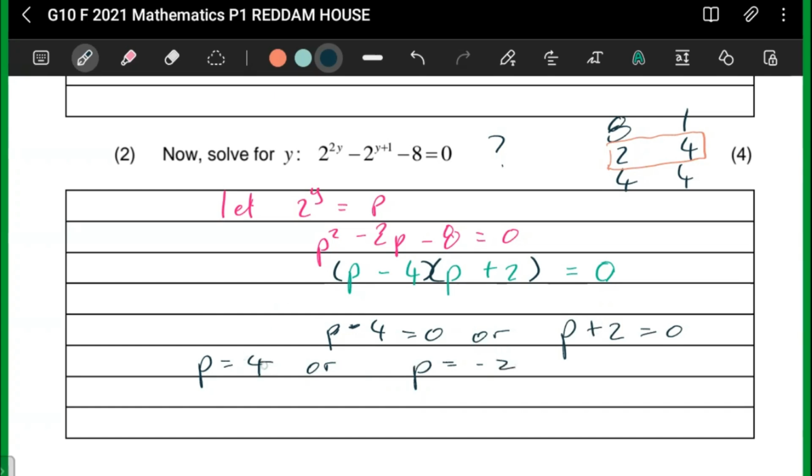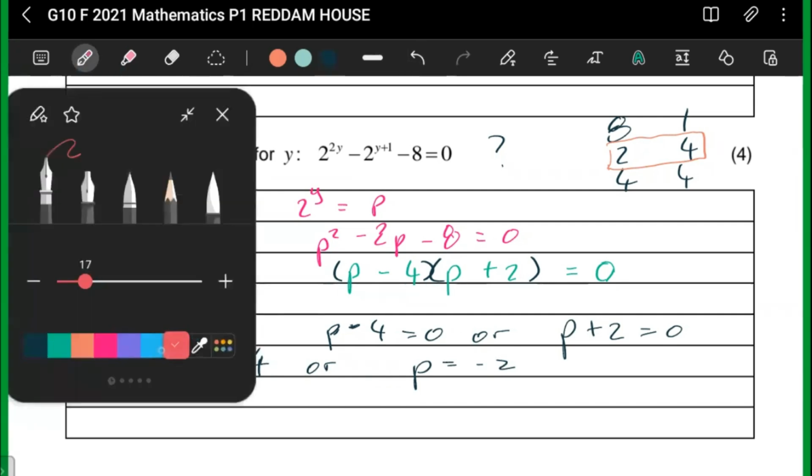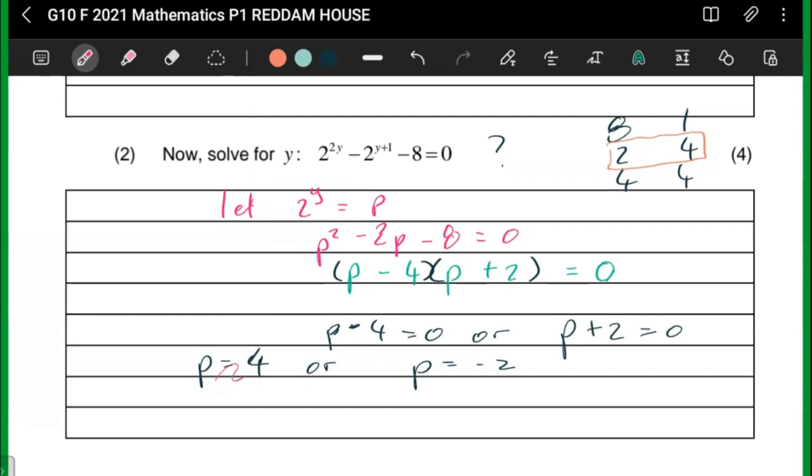So all things considered, now you have gotten a value for p. So obviously what you can now just do is, you know that p is equal to 2 to the power of y.